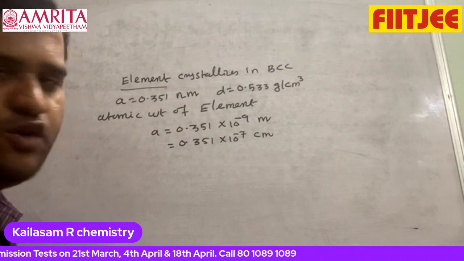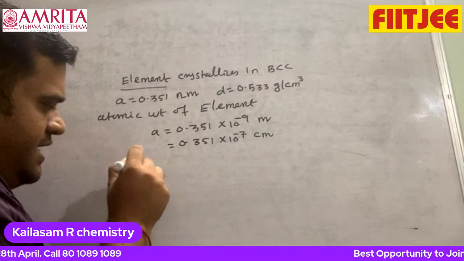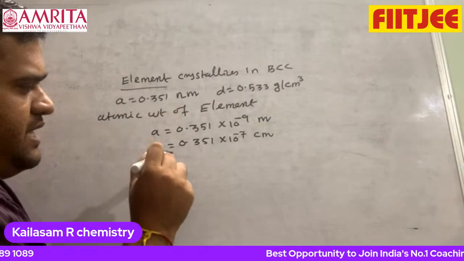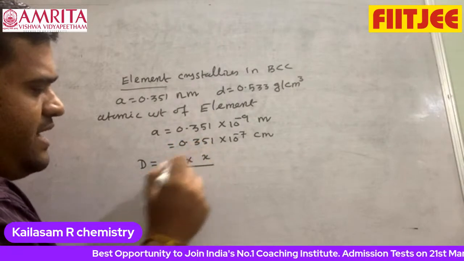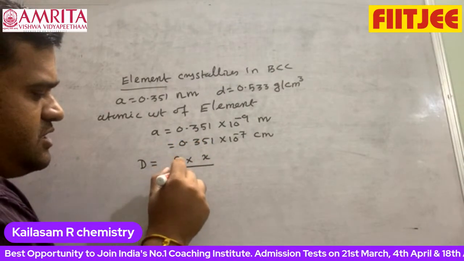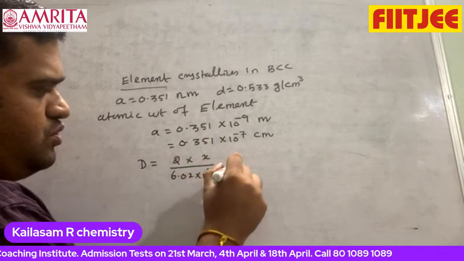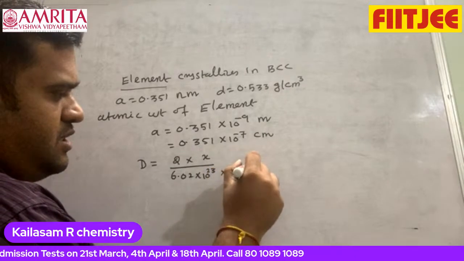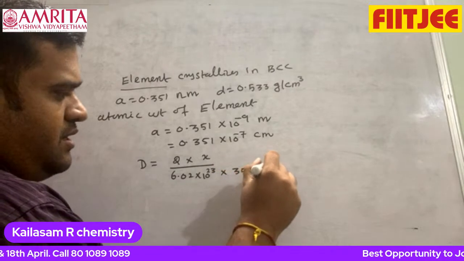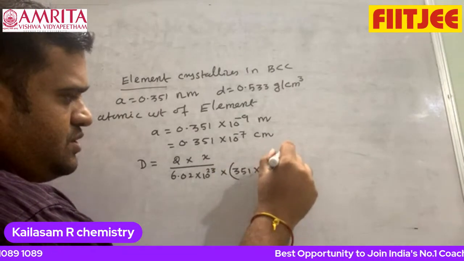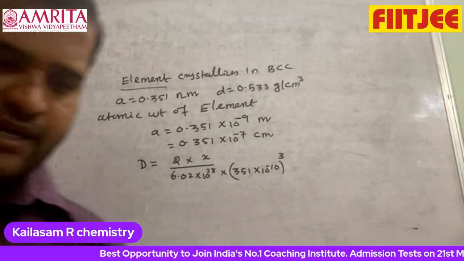Are you able to follow what I am trying to say? Now it is BCC, which follows Z equal to 2. Density is equal to Z times M by Na into a cube, that is 6.02 into 10 power 23 into a cube, with a as 0.351 into 10 power minus 7. Now I simplify the value of M, since density is given.